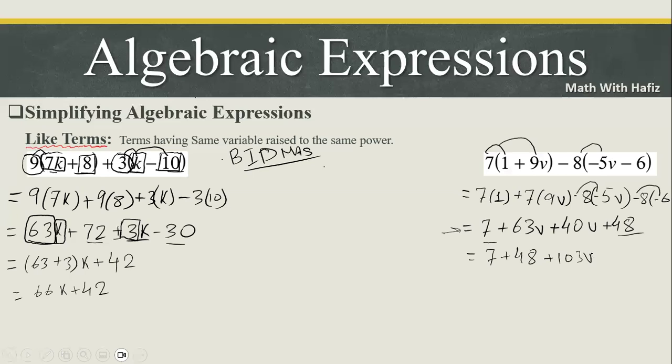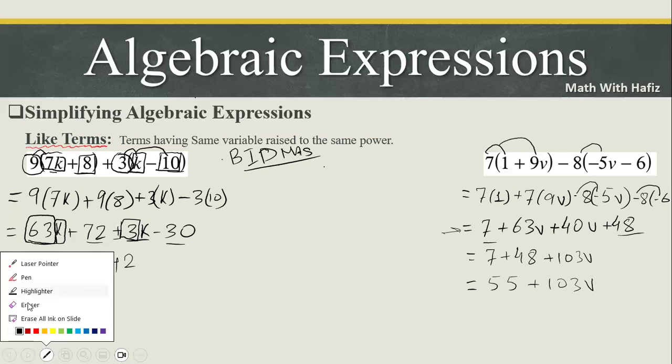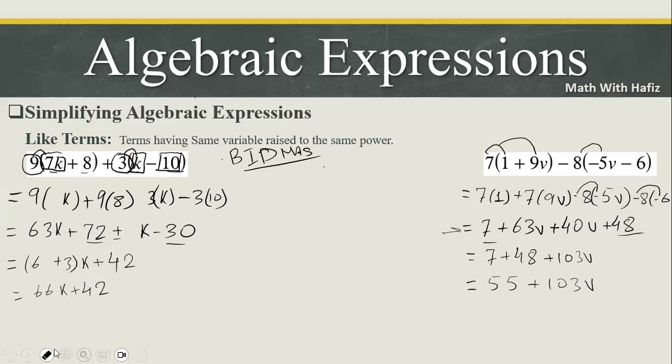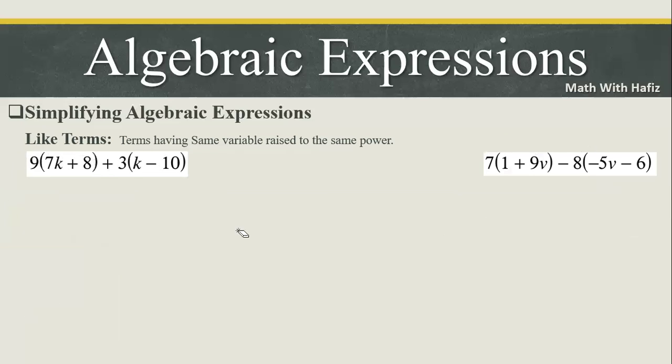Okay, it does not matter. I just added them directly here. So it will be 7 plus 48. It will be 55 plus 103. All right. I think it's pretty easy for you guys. So let me erase all so we can move to the next one.